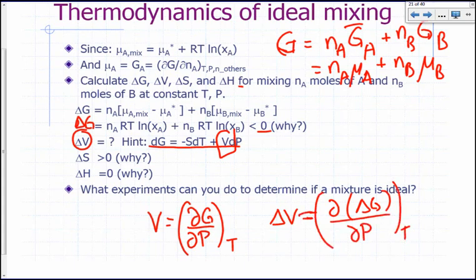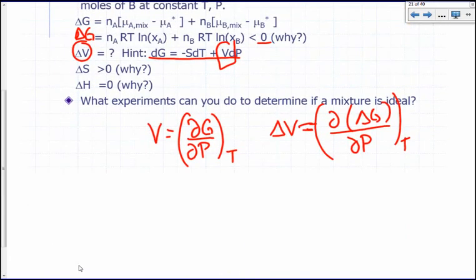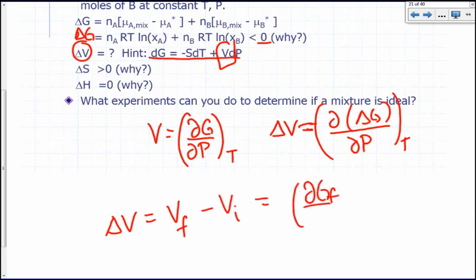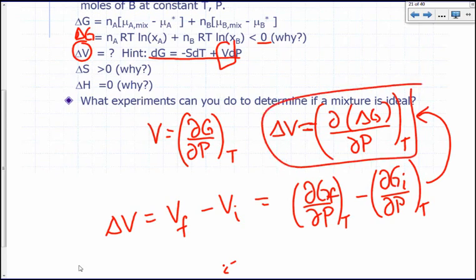Why is that? Well, think of it this way. Delta V is just V final minus V initial, right? And V final is the partial of G final with respect to pressure at constant T, minus the partial of G initial with respect to pressure at constant T. So you can just combine the two, and that will give you the partial of delta G with respect to P at constant T.